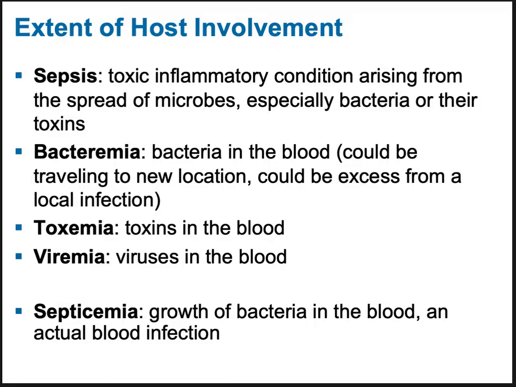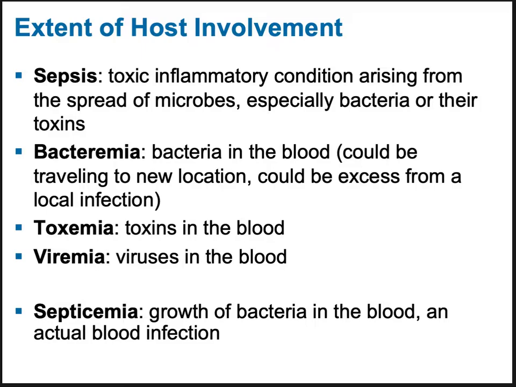Sepsis is a toxic inflammatory condition arising from the spread of microbes, especially bacteria and their toxins. Remember, we talked about septic shock caused by the LPS of gram-negative bacteria. Bacteremia specifically means there's bacteria in the blood. It's never good. There should never be bacteria in the blood.